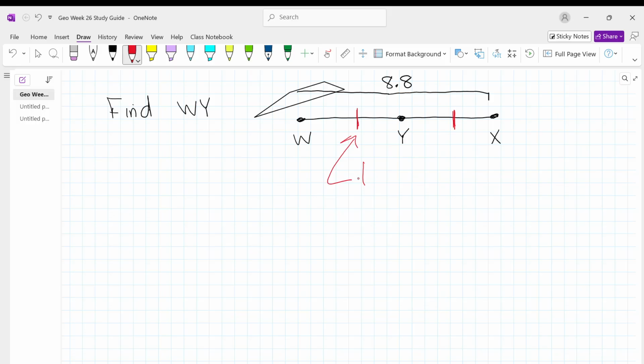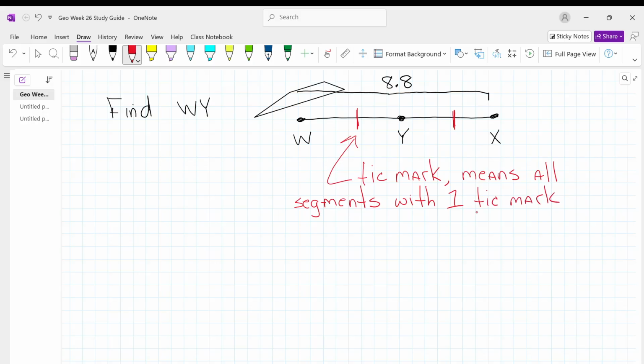This is called a tick mark. Tick mark means all segments with one tick mark are equal.